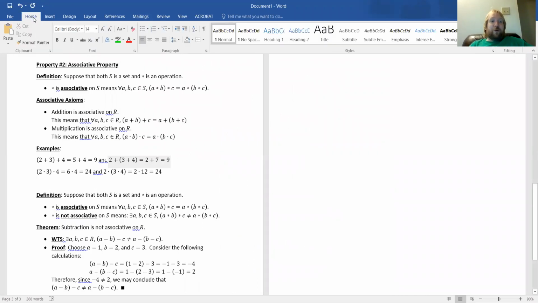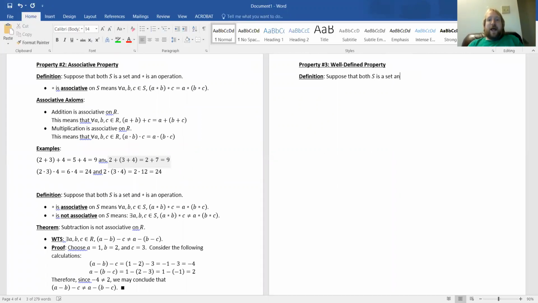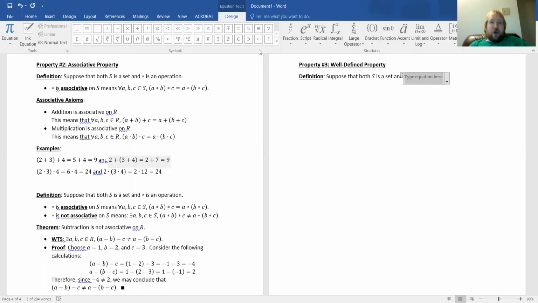So our third property is the well-defined property. It's defined like this. Again, suppose that S is a set and star is an operation.